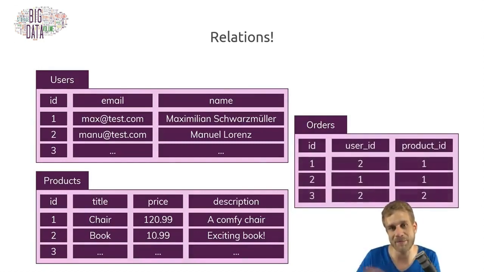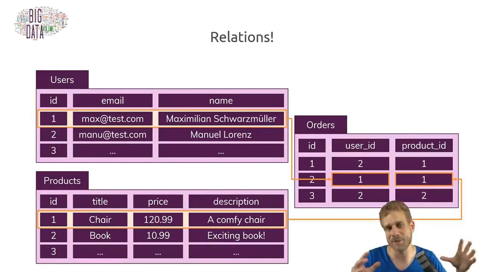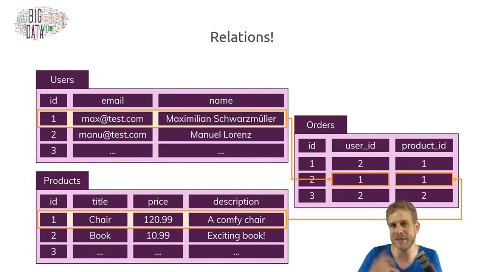We would have a user ID and a product ID field in there, and therefore we can connect a specific user to a specific product, the product which was ordered by the user. This is very typical for the SQL world and relational databases which use SQL. And therefore, we got two important characteristics already: the strict schema and that relation world.